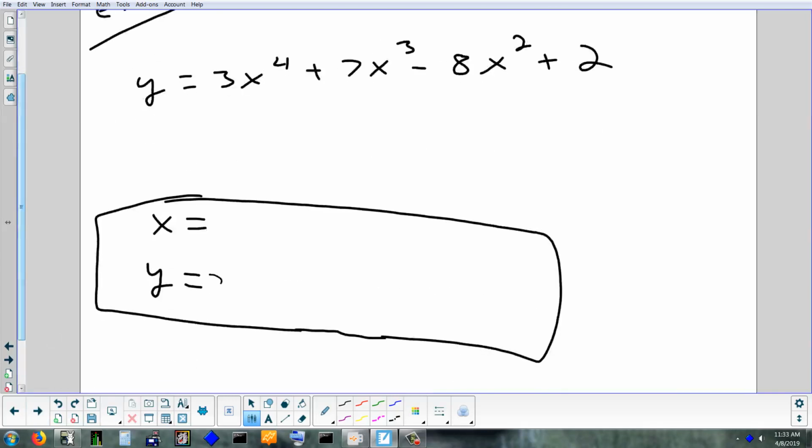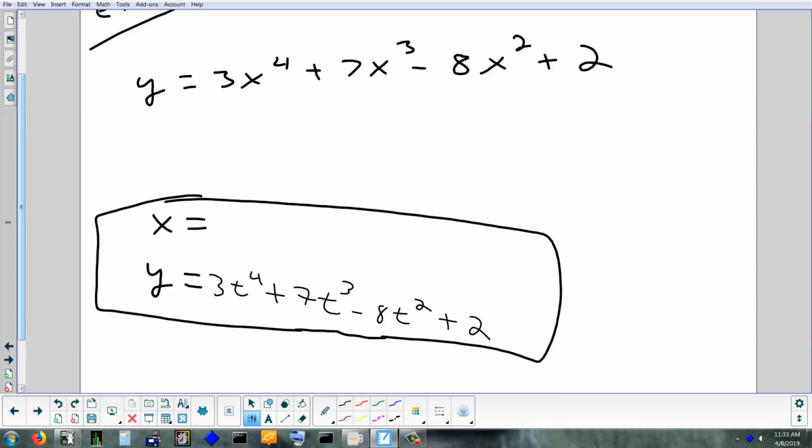Yep, Michael. 3t to the fourth plus 17t to the third minus 8t to the second plus 2. Yep. Now, that equation that he just told me, that's not the original. The original has x's.